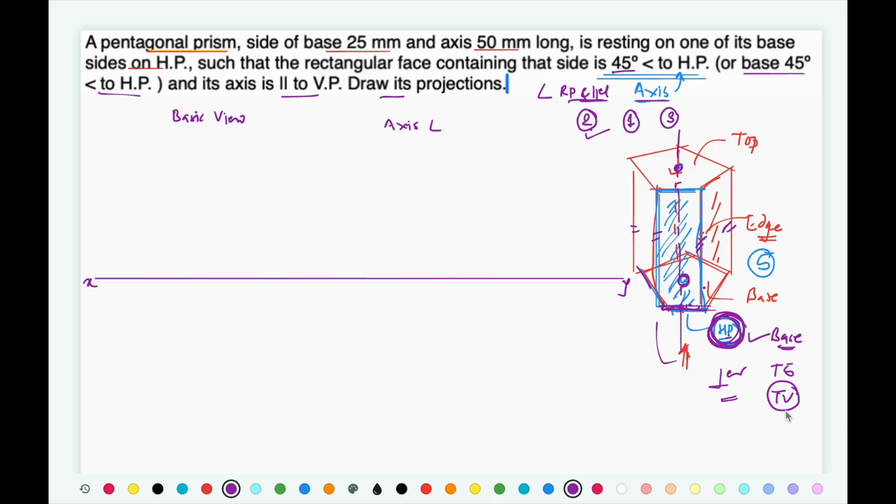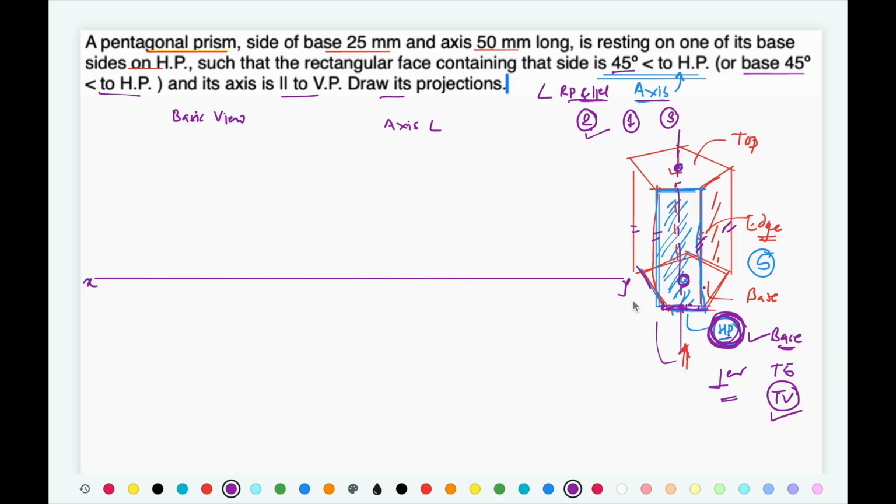So in this example, the solution is going to start from the top view, because in that view we are going to get the true shape of its base. In the last example, I already mentioned that in case of projection of solids, always start with a view where you get the true shape of its base. So in the top view we are going to draw a pentagon.